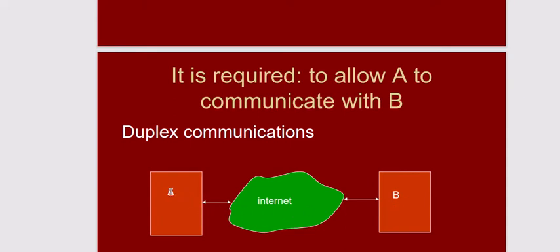So A is communicating on a particular port, and as far as A is concerned, data communications have to go to machine B's address, which consists of two things: an IP address and a port number, and vice versa. B is going to talk to A on a particular port, on a particular IP address.